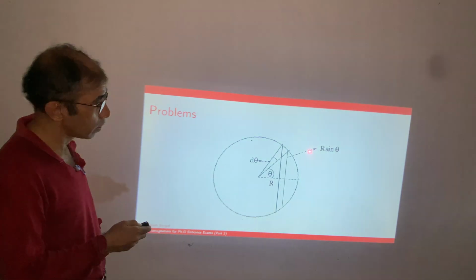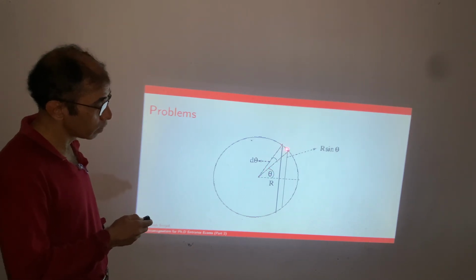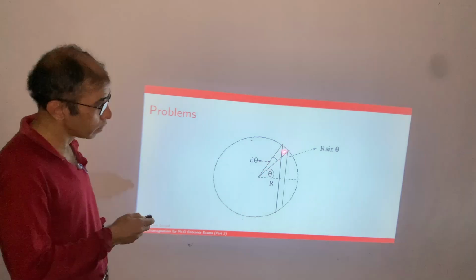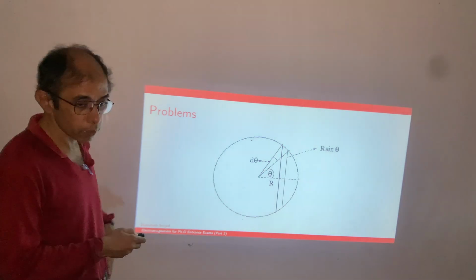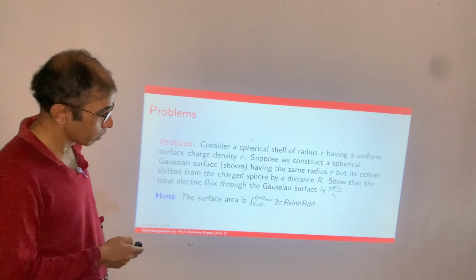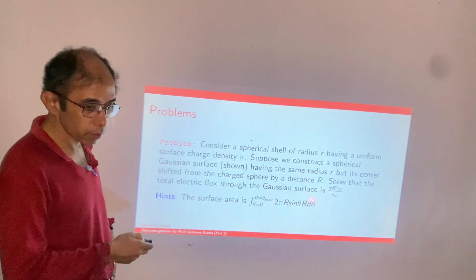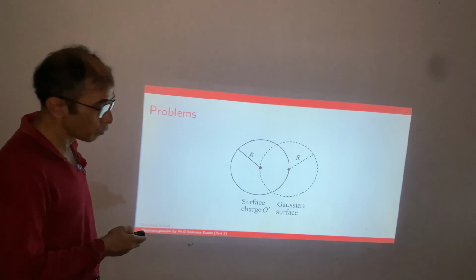Then what is the width of the strip? It is r d theta. So the total area of this infinitesimally small strip is 2 pi r sin theta r d theta, and then we have to integrate over theta.